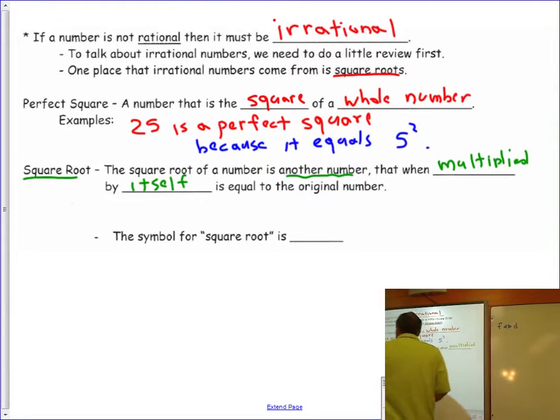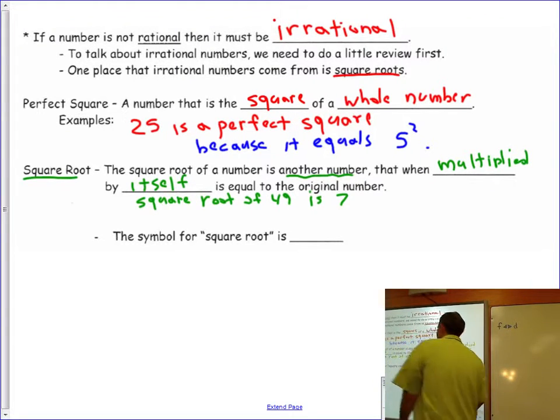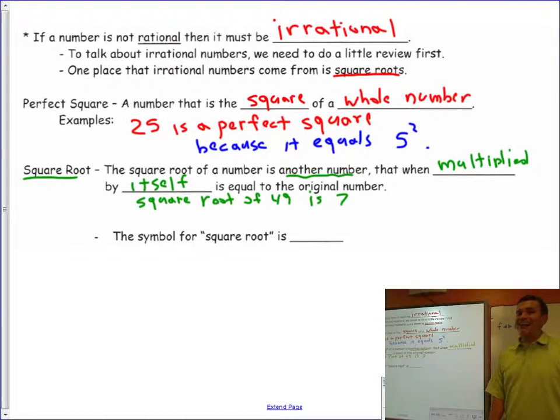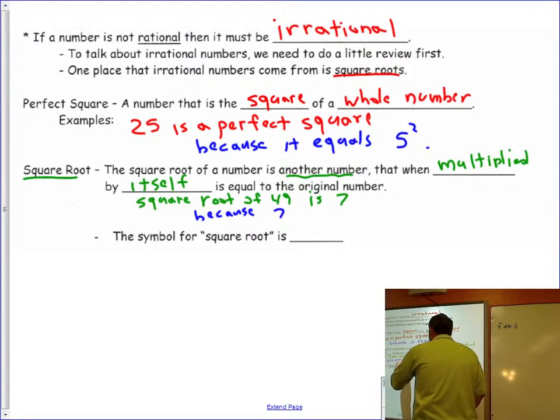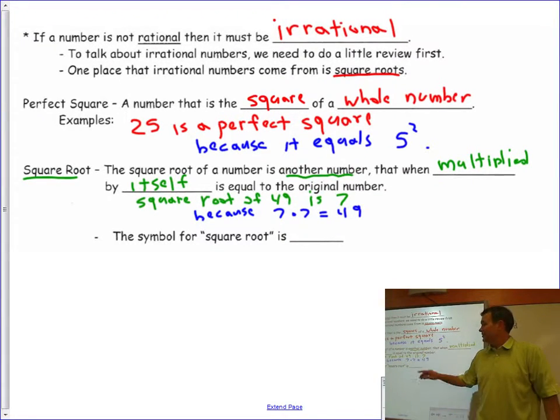For instance, the square root of 49 is 7 because 7 times 7 equals 49. The square root of 49 is 7 because when you take 7 and multiply it by itself, you get 49.